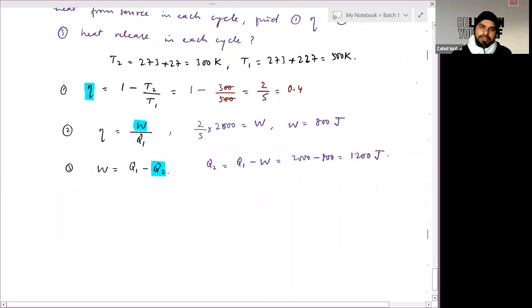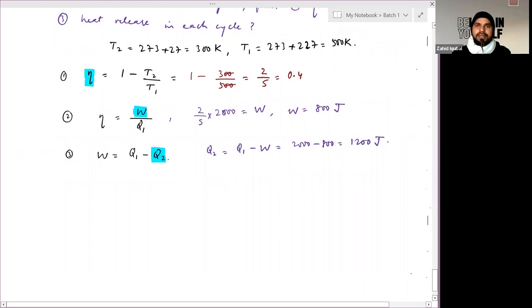Now, next question related to this part will be, can efficiency of heat engine be 100% or 1? So according to this formula, eta equals to 1 minus T2 by T1. So for this eta to be 1, we will have two different things. First, T1 should have infinite value or T2 should have 0 value.